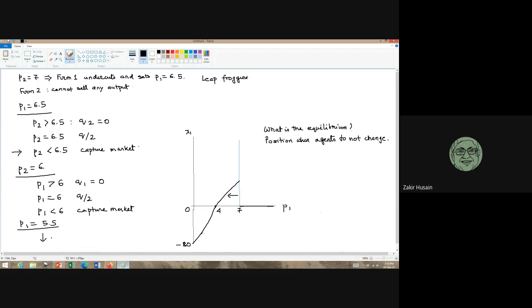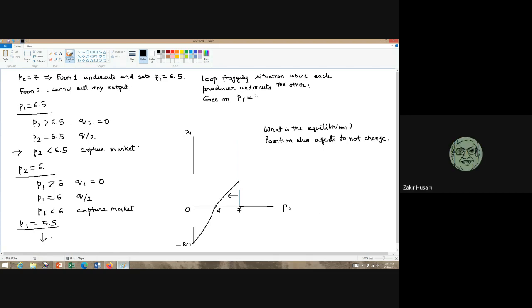So you have a leapfrogging situation where each producer undercuts the other, and this will go on indefinitely till P reaches 4.